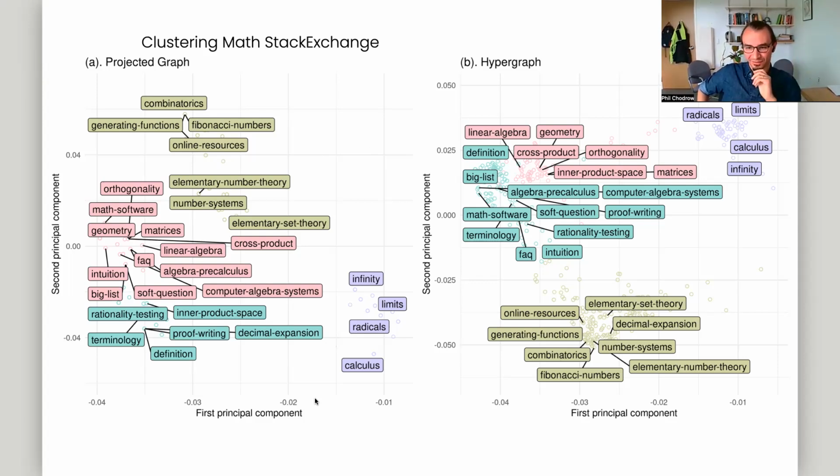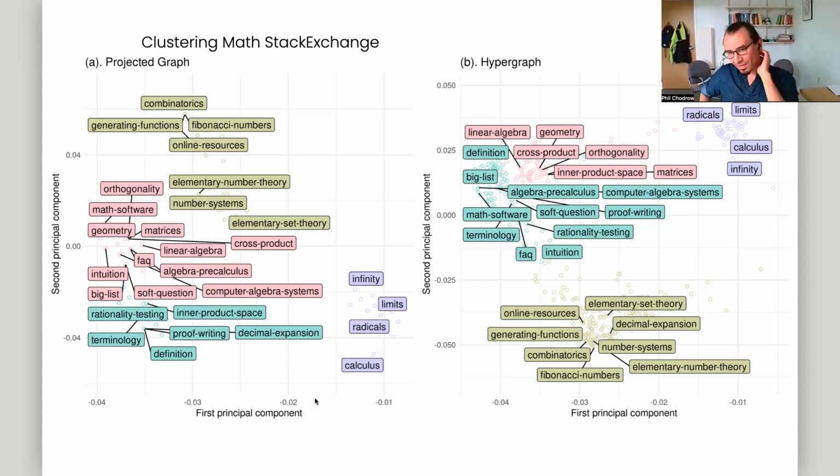Inner product spaces are lovely. That is, I would claim, obviously a linear algebra topic, but it's separated from linear algebra, matrices, orthogonality, cross product. Those are all in the pink cluster, according to the projected graph method. So arguably a misclassification there. Those should be in the same cluster, but they're not.